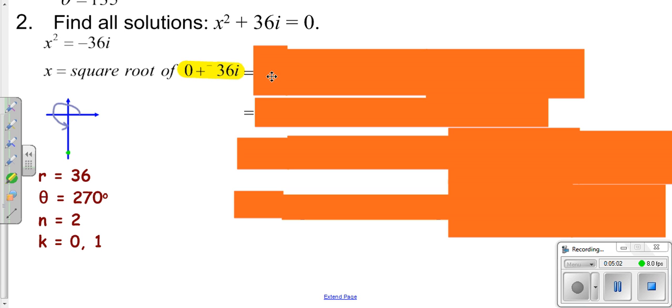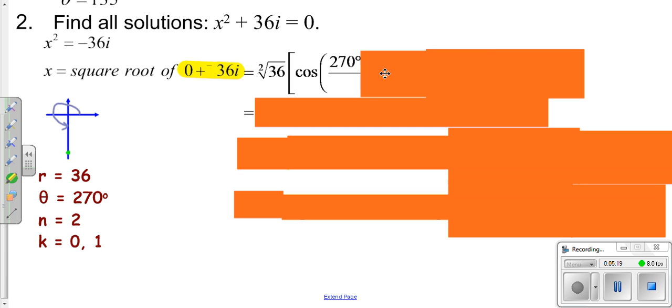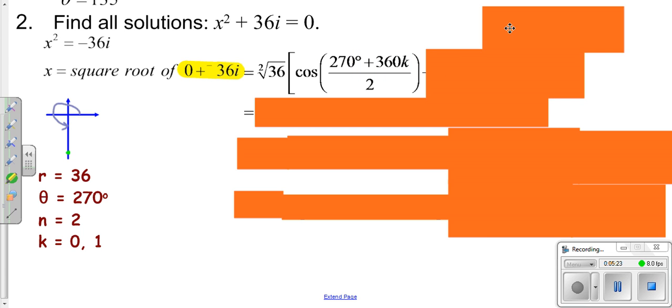Now we're going to go ahead and plug stuff into that messy formula. We need to take the nth root, or the second root, of r. Then we have to go cosine, and then we get a big ugly angle. We have our theta, which is 270 degrees, plus 360 degrees k over 2.